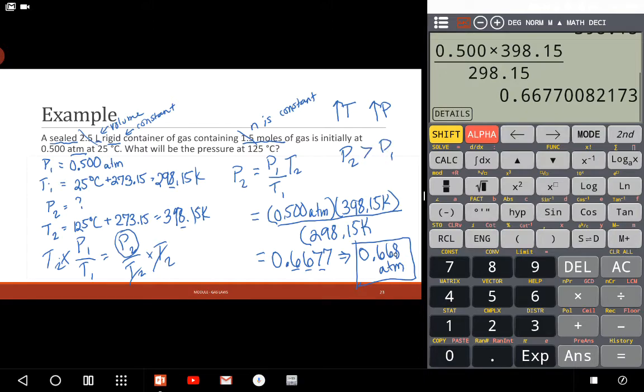And so 0.668 is indeed more than our initial pressure. And so now we know that we did plug in our temperatures and stuff into the correct locations. It's always good to do that kind of conceptual check, because if this was like a multiple choice question, you could eliminate some answer choices that were lower than the initial pressure.